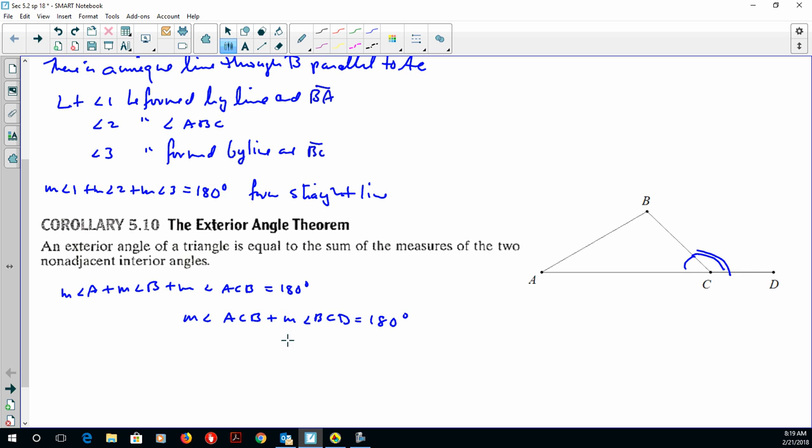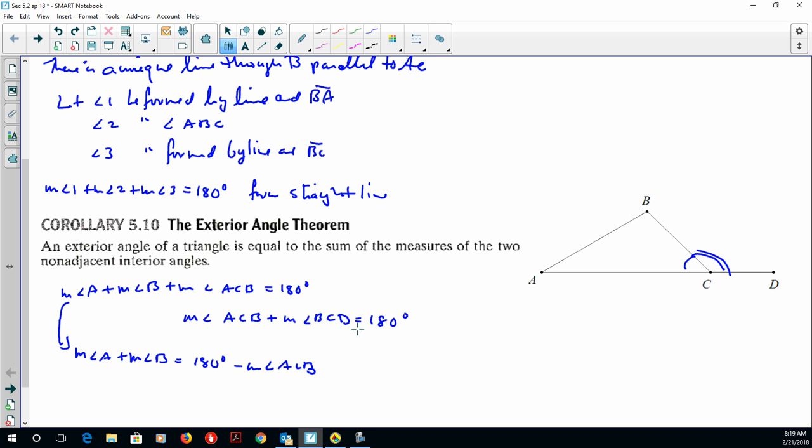So what do we get then? From this one we have the measure of angle A plus the measure of angle B is 180 minus the measure of angle ACB. And from this one we have the same thing.